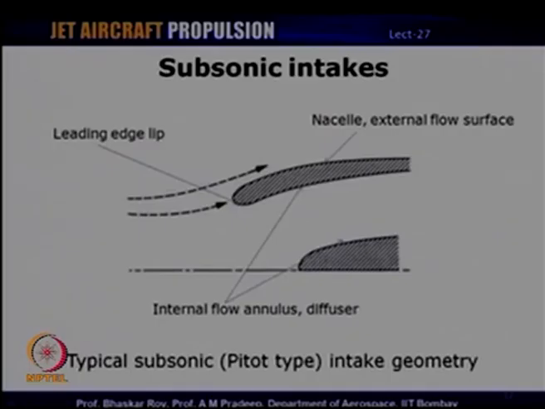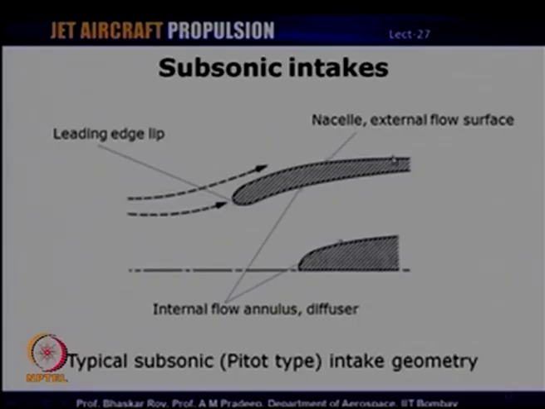A typical subsonic diffuser is required to ensure that it not only delivers uniform flow at the engine face, it is also required to minimize external flow drag. Because of the flow over this surface, there is also a certain amount of drag penalty.